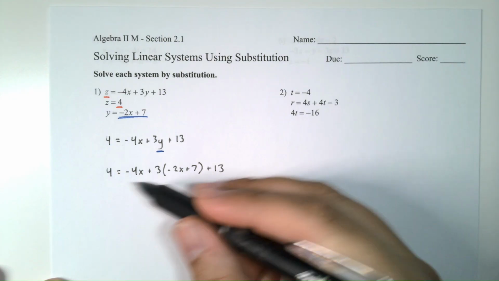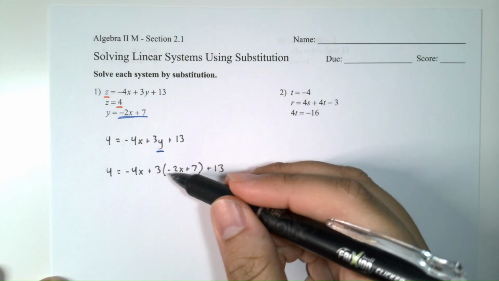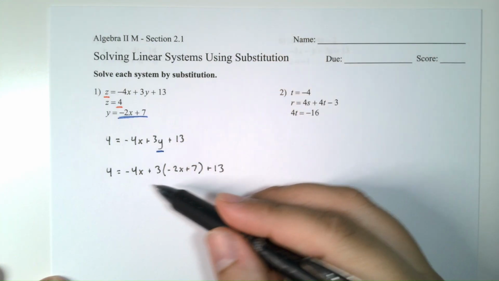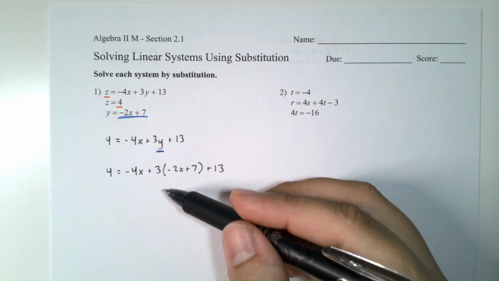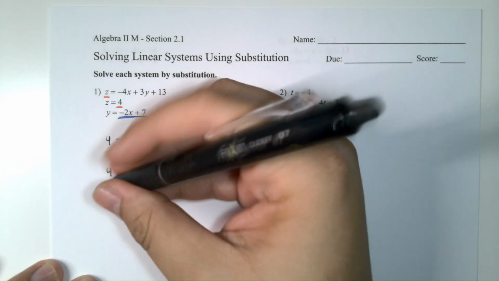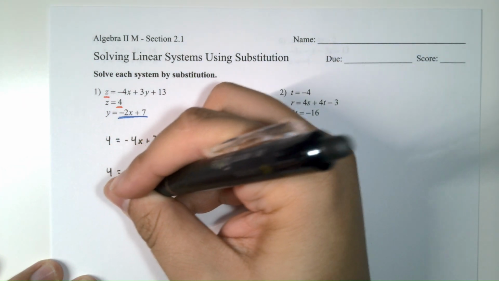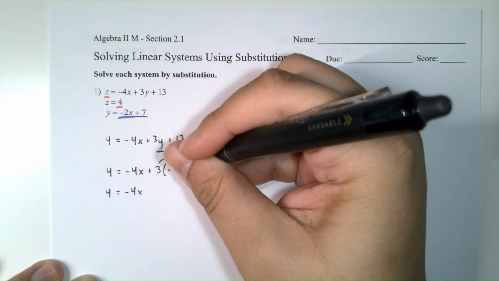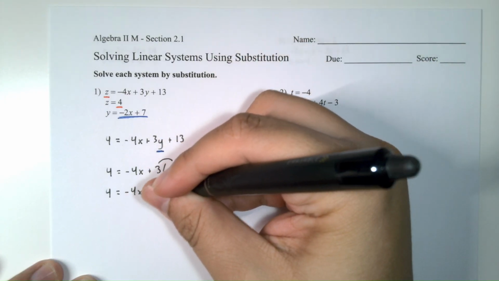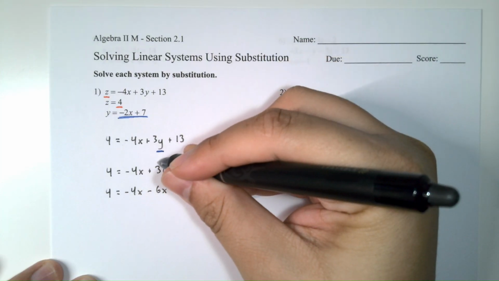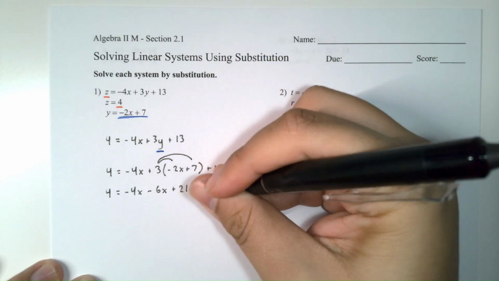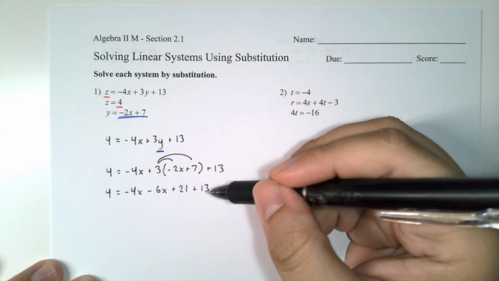And so now we have this whole equation here. We have to distribute this 3 and combine like terms, but we're going to be able to get x by itself from here. If I drop down that 4 and the minus 4x, and I distribute, the 3 times negative 2x is going to be negative 6x, and then 3 times 7 is going to be 21, and then we have plus 13.